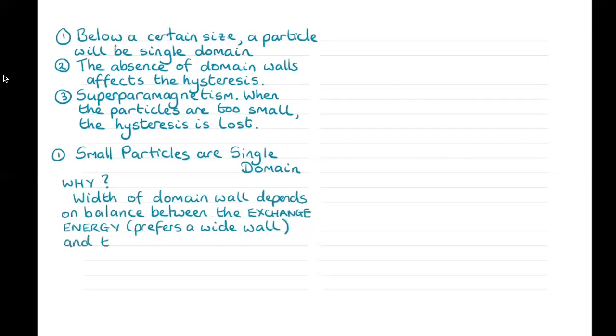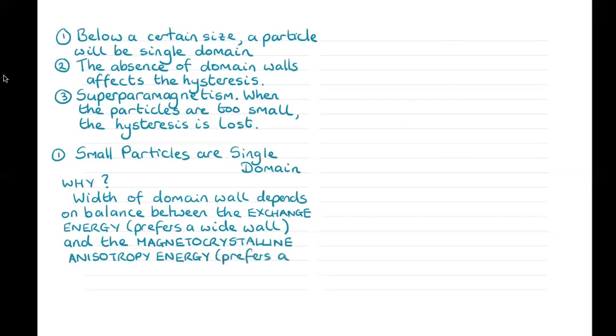And the anisotropy energy, specifically the magnetocrystalline anisotropy energy, which is the energy that tends to orient the spins along a particular crystallographic direction. It means it costs energy for the spins to rotate out of that direction, and so this prefers a narrow wall.